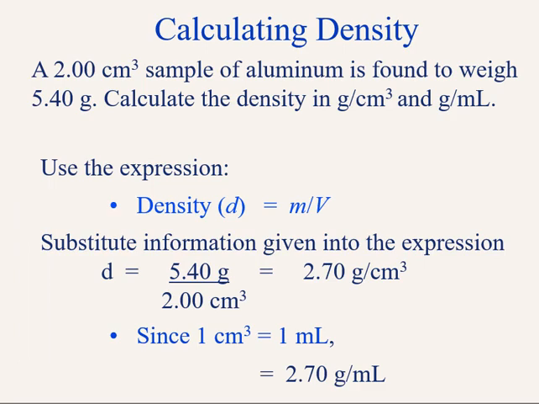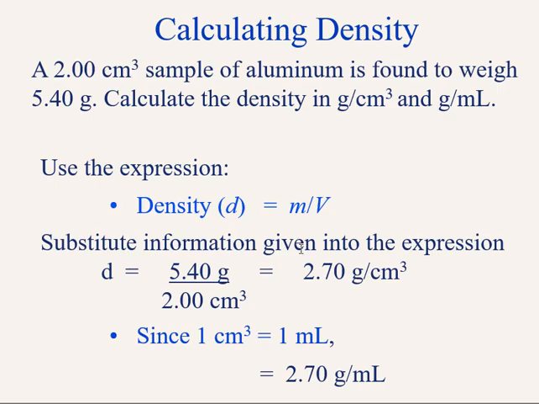Now, what do we do with density? How can we use density to solve problems? So let's look at a problem here. A 2.00 centimeter cube sample of aluminum, that's the volume, is found to weigh 5.40 gram, that's the mass. Calculate the density in grams per centimeter cube and then grams per milliliter.